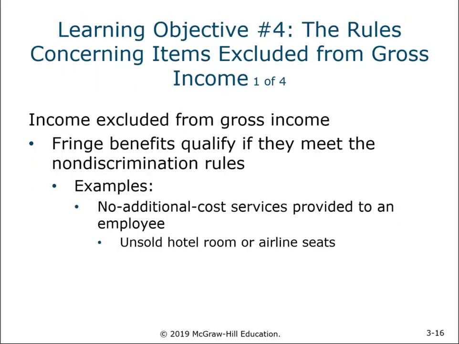Now, some things are excluded specifically in the law. Remember, it has to be excluded in the law for you to leave it off. So some things that happen specifically at work. Typically there are what we call fringe benefits that an employer provides for employees that aren't going to be considered compensation, aren't going to be part of the wages, aren't going to be included on your W-2.